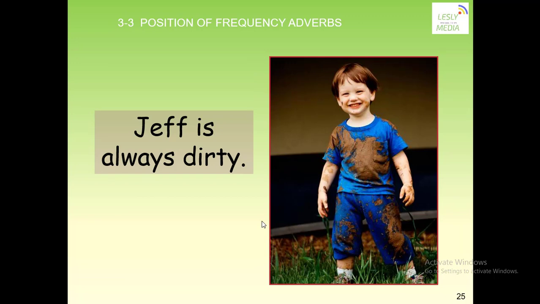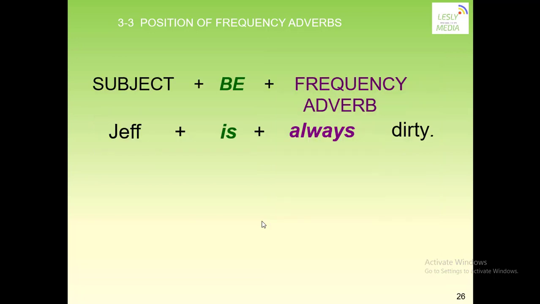Okay, next we are going to learn about the position of frequency adverbs. Just pay attention to this sentence. Jeff is always dirty. The first is the subject, and then it should be followed by is, always, and dirty.